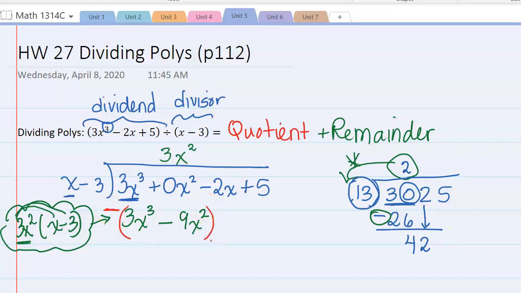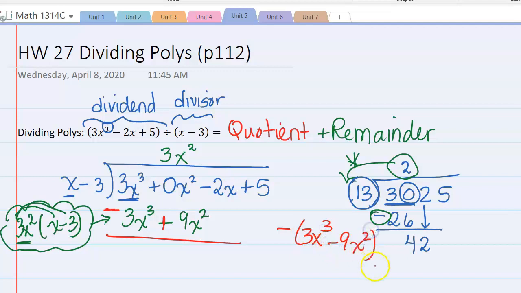One of the things I tell my students is, instead of doing that, let's just change the signs, because remember when we had negative 3x cubed minus 9x squared, if we take away the parentheses, we would have done the distributive property and got negative 3x cubed, positive 9x squared. So that's where this positive 9x squared is coming from.